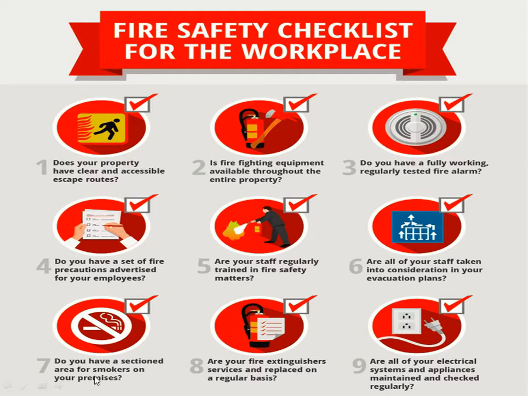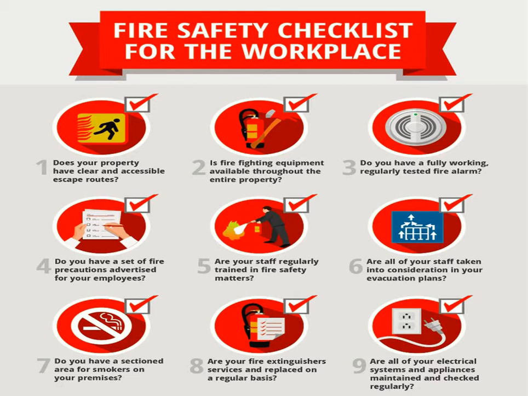Particularly in chemical industries, they avoid sanctioning areas for smokers on their premises. The fire extinguishers are regularly maintained, serviced, and replaced on a regular basis. And finally, electrical system appliances are maintained and checked regularly, with monthly checking and maintenance.